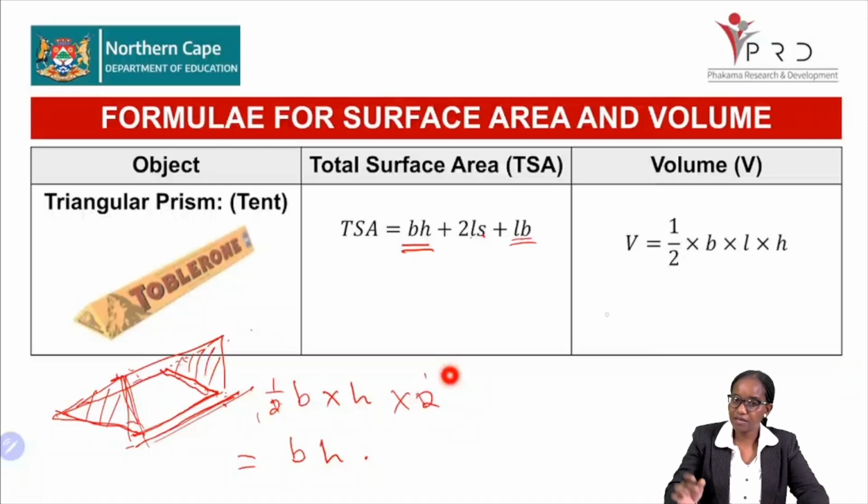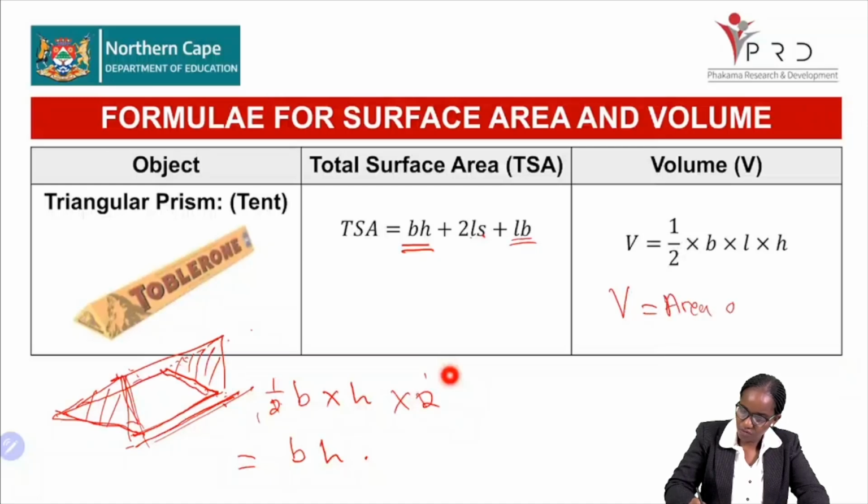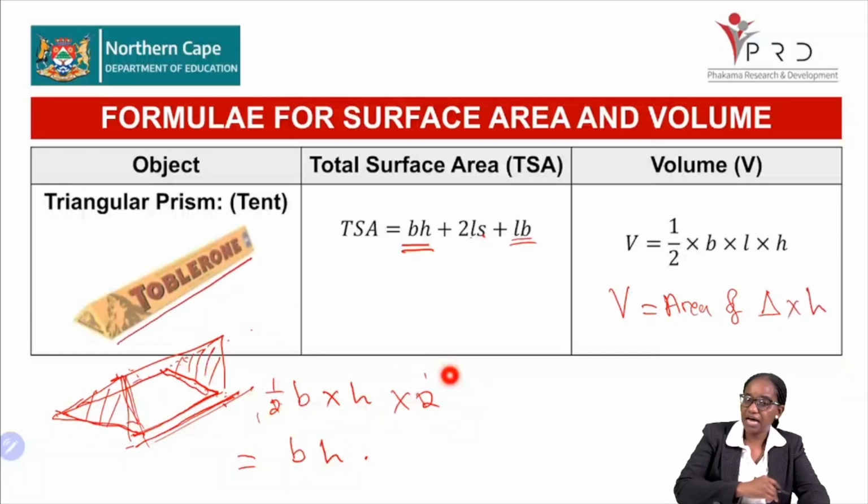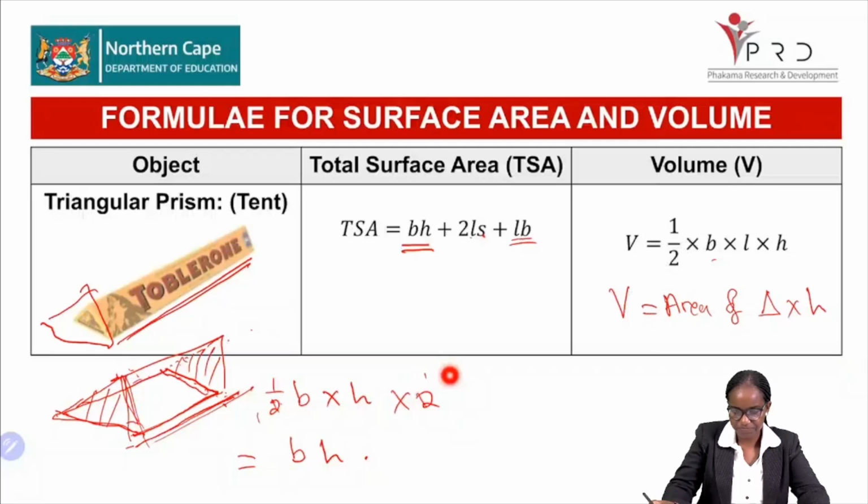That is the volume of the triangular prism. Volume can also be said to be the area of the triangle times its height. So we will take the area of the triangle, which is half base times height, times this length, which is taken as the height.